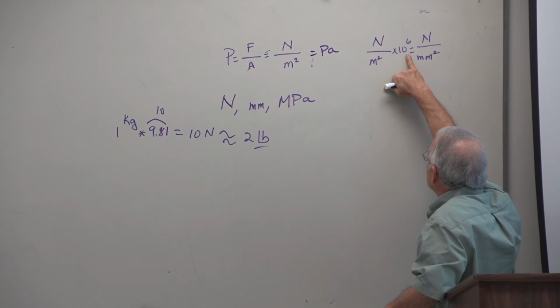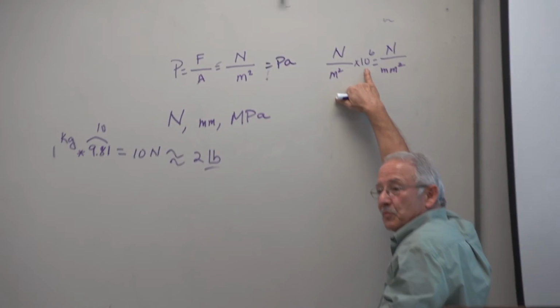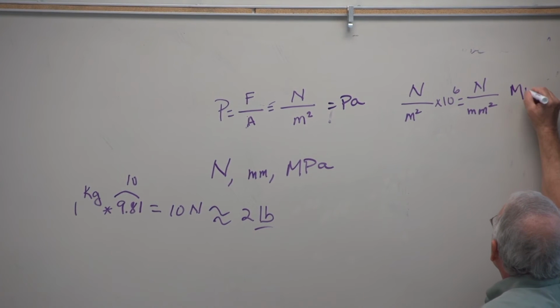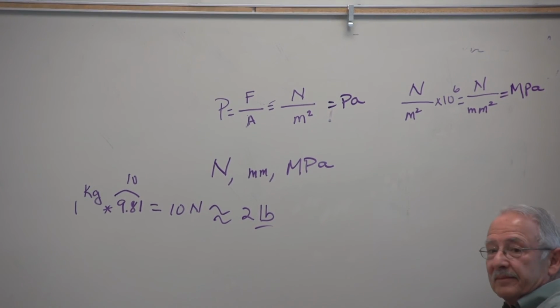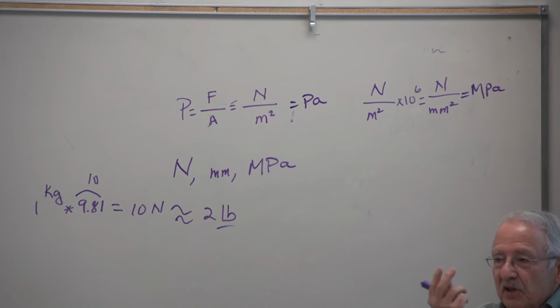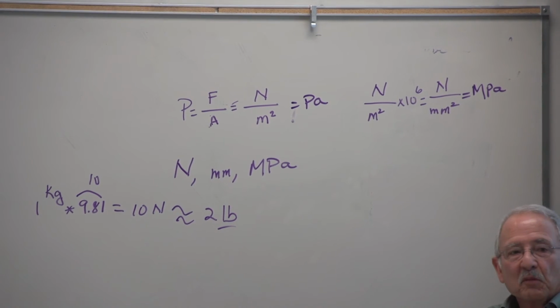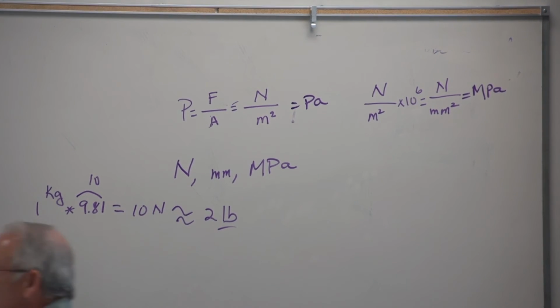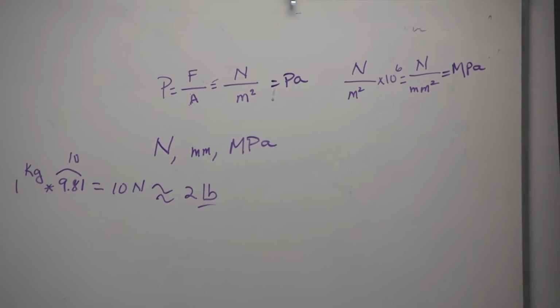And goes to the numerator and becomes 10 to the plus 6. And this is called megapascal. So if you use newtons, millimeters, and megapascals, you don't have to worry about conversions. Keep that in the back of your mind. It does come in handy, even though I've done this in meters, though.